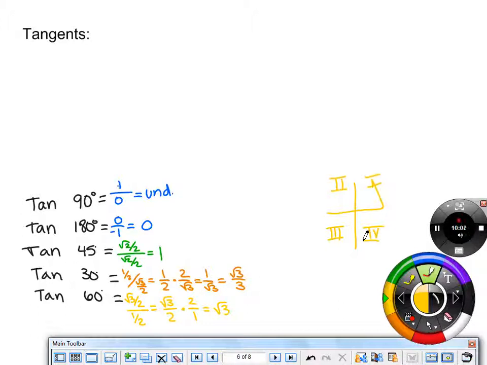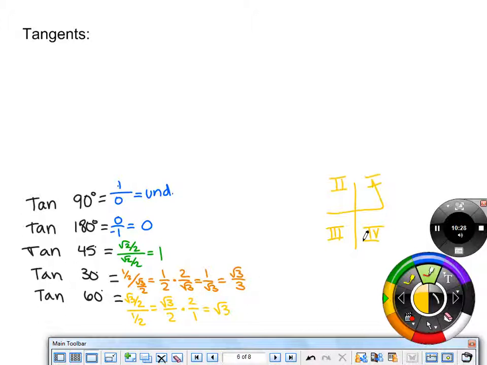For 30, if we're doing 1/2 divided by root 3 over 2, I know that the radical is going to end up in the denominator, so I don't do all the work every time. I just go, oh, that's the one that's root 3 over 3. Whereas for 60, it's root 3 over 2 divided by 1/2, the radical stays in the numerator, so I know that's the one that's rad 3.